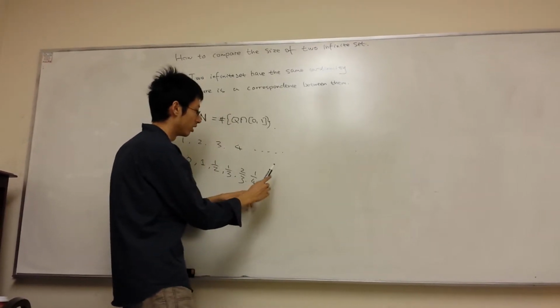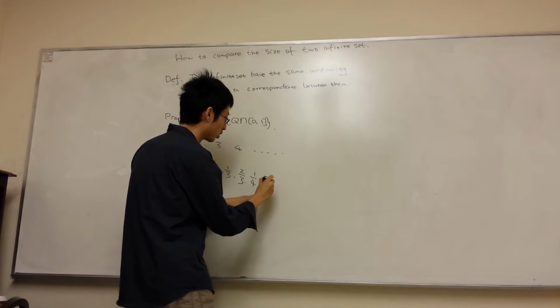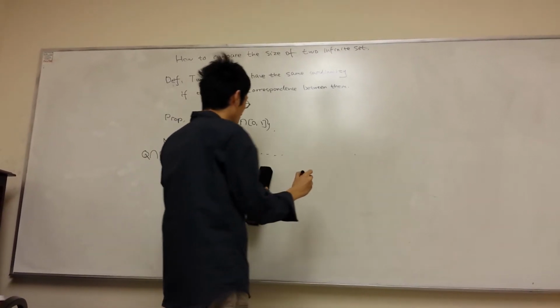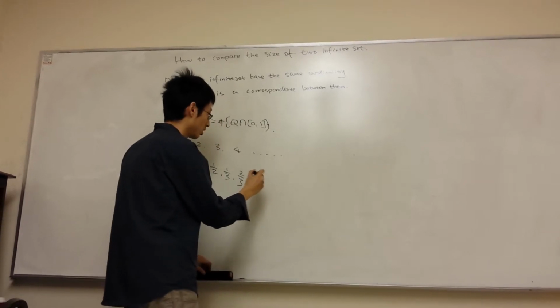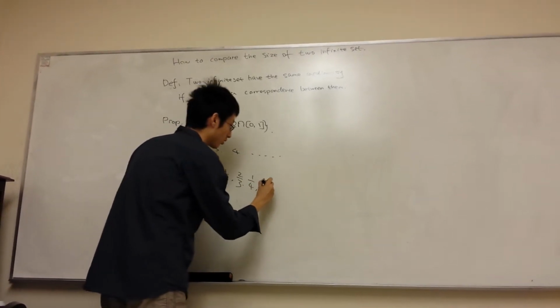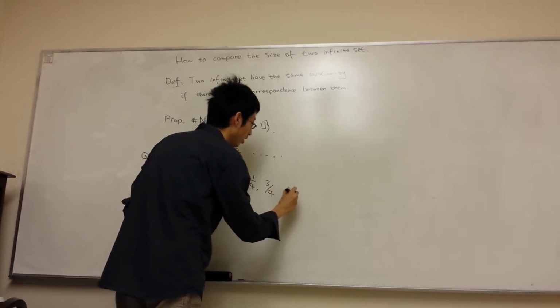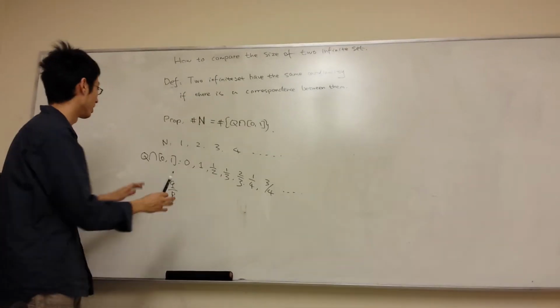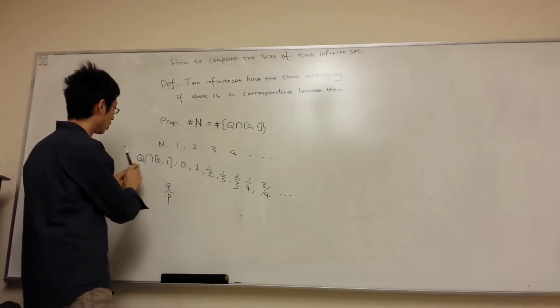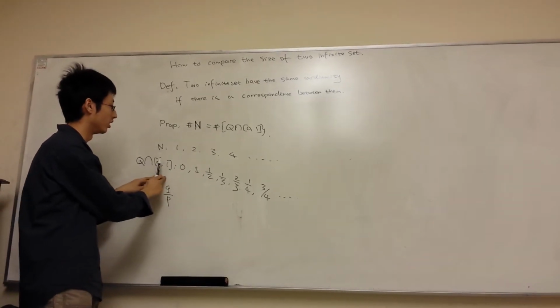What's the following one? It should be 2 over 4, but we don't need that because it has already appeared. So the following one is 3 over 4, and following this, we find this sequence contains all rational numbers in [0, 1].